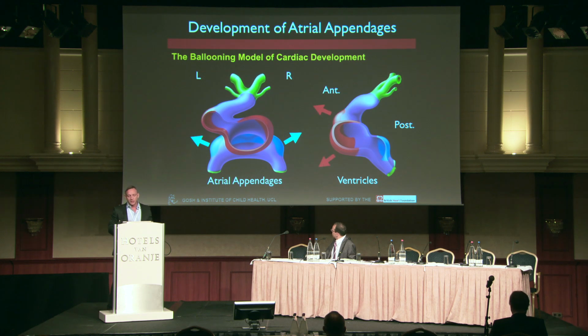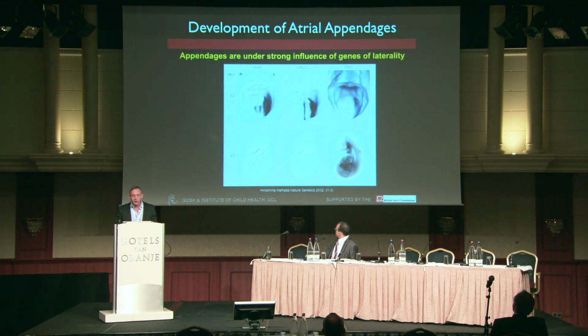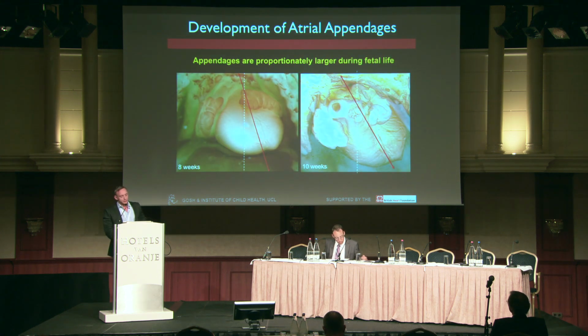In contrast, the ventricles balloon out in an anterior-posterior axis, and therefore are less influenced by laterality. We now know that there are many genes which are expressed exclusively on the left or the right of the embryo. These are some of the genes, nodal, lefty, and PITX2, which will affect development of the atrial appendages.